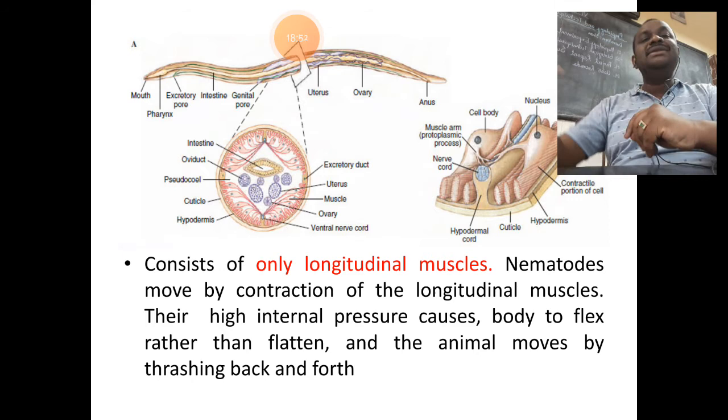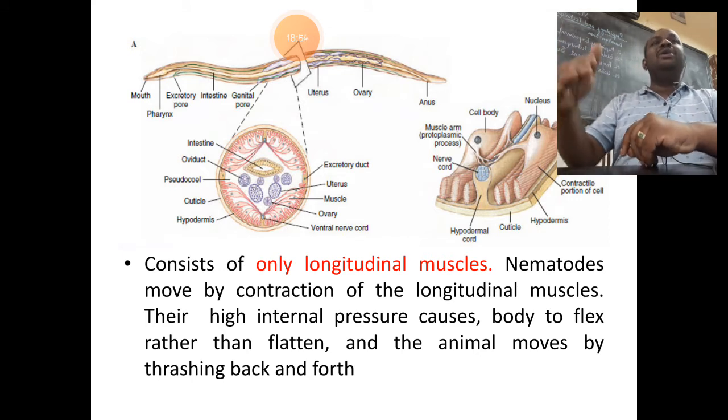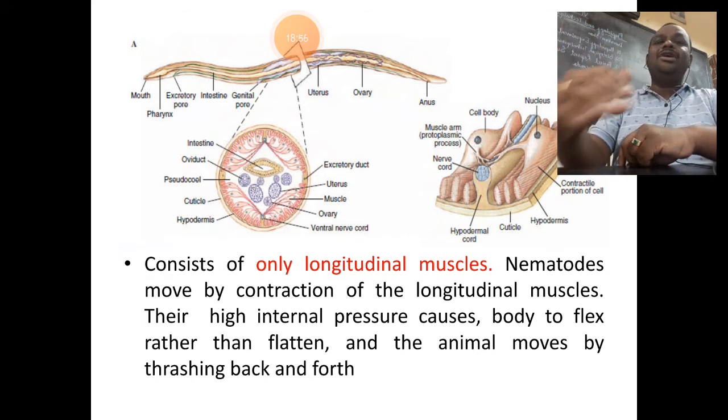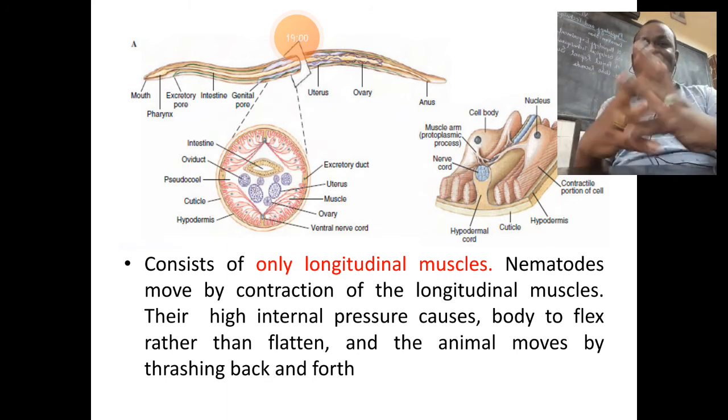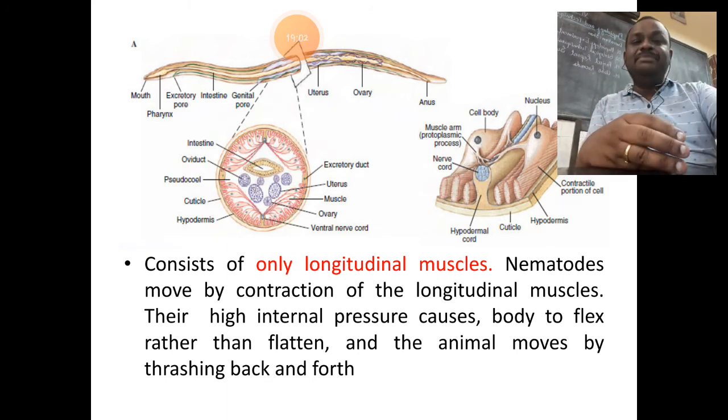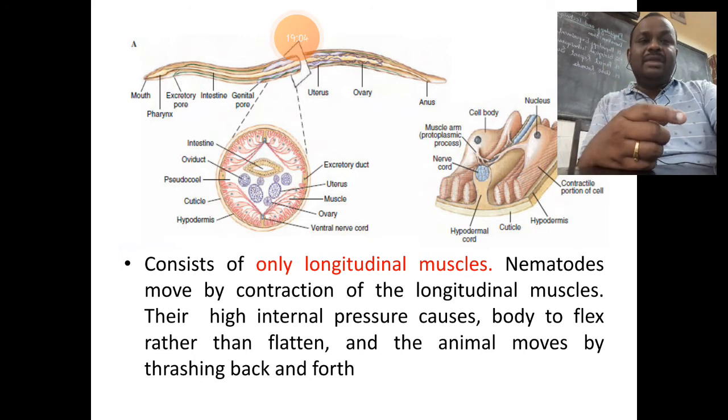The movement of the body is dependent on the activity of longitudinal muscles, that is, the contraction and relaxation of muscles. That is the importance of the musculature of the body of the organism.